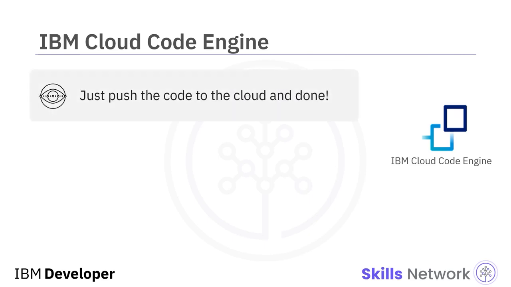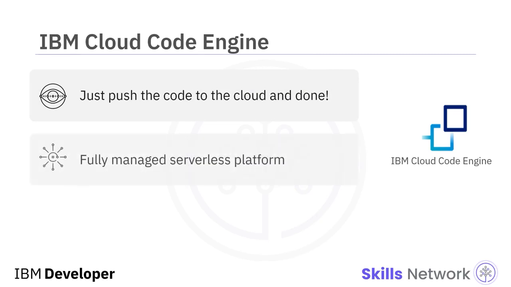The main goal of IBM Cloud Code Engine is to ease developers' deployment burden. With its help, developers can push their code to the cloud platform and disregard the infrastructure. IBM Cloud Code Engine can be seen as a fully managed serverless platform. It combines all features that are required by Platform as a Service, or PaaS, Containers as a Service, or CaaS, and serverless deployment models.